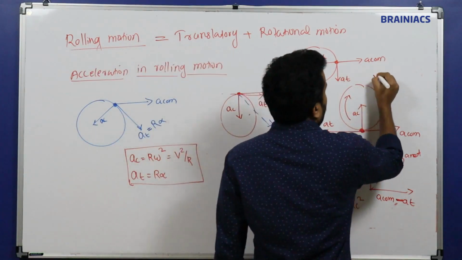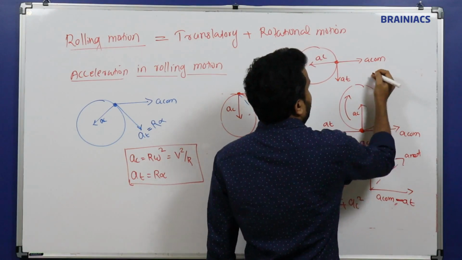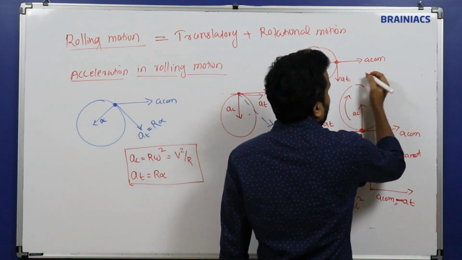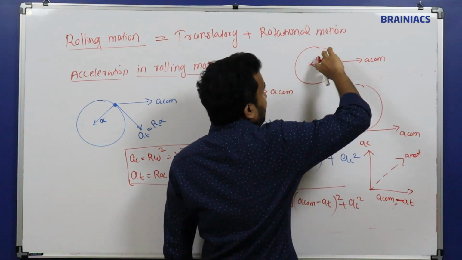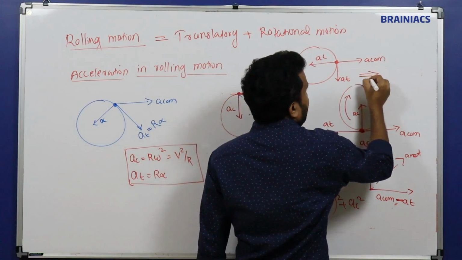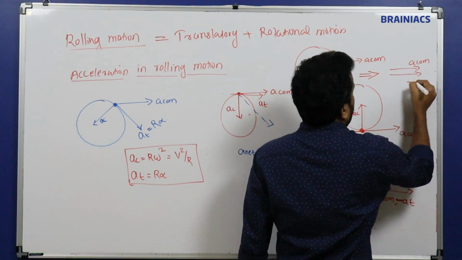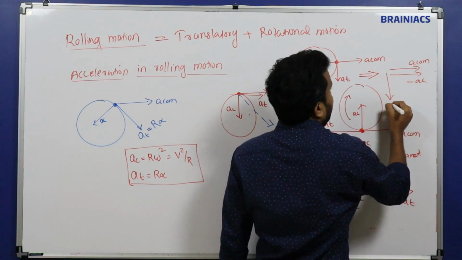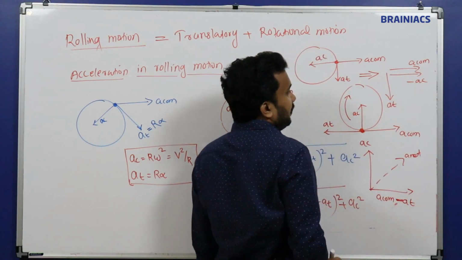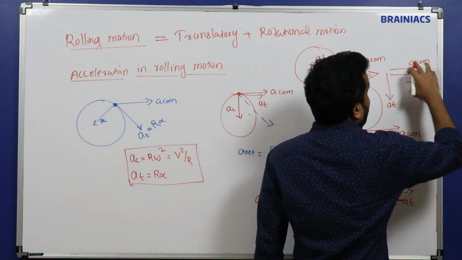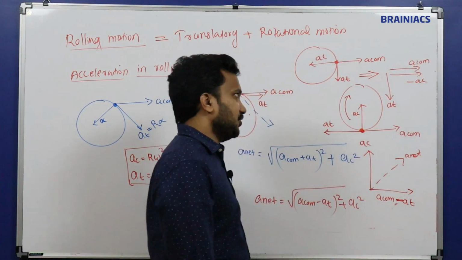So how can I find the net acceleration for this case? I can draw the diagram with ACOM, then in the same direction minus AC, then AT downward. Now both are in the same direction, so we can add.